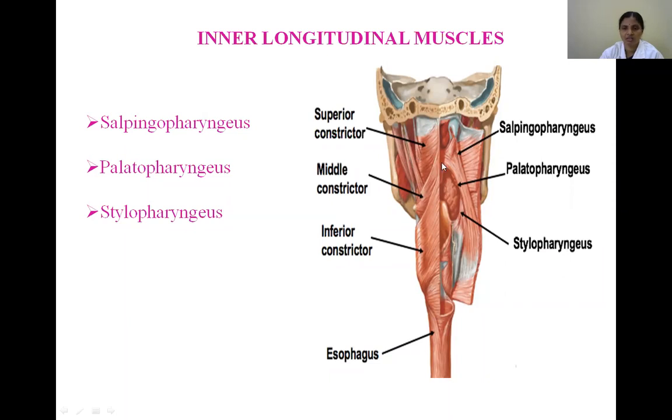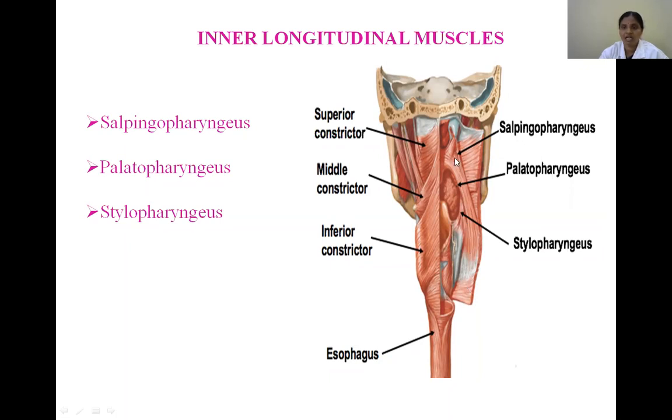Palatopharyngeus takes origin, as discussed in soft palate, from the upper surface of the palatine aponeurosis by means of two fasciculi. Here you see the two fasciculi, anterior and posterior. These two fasciculi join to form a single one, and it forms a downward extension, then joins with the salpingopharyngeus. And some of the fibers descend down to the lateral wall of the pharynx.